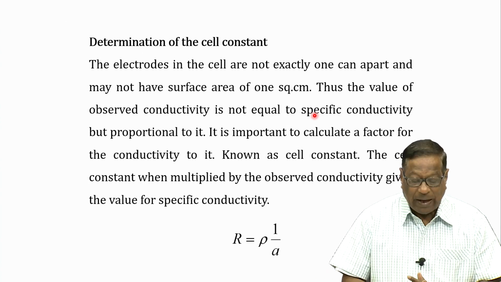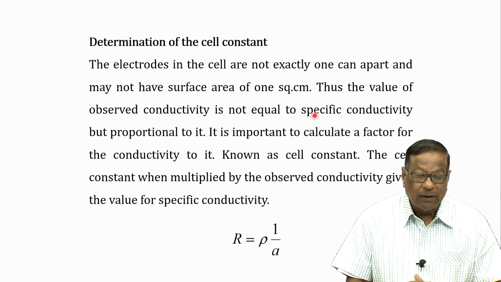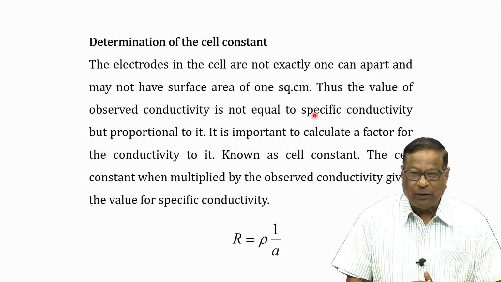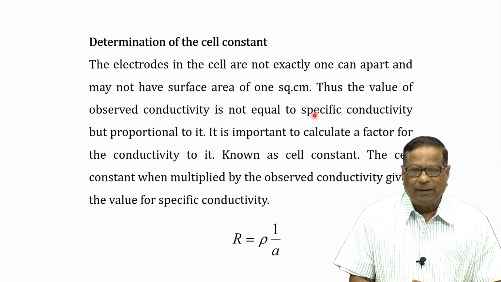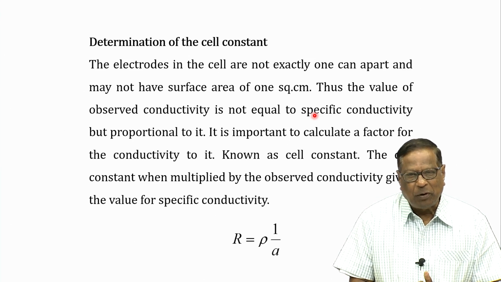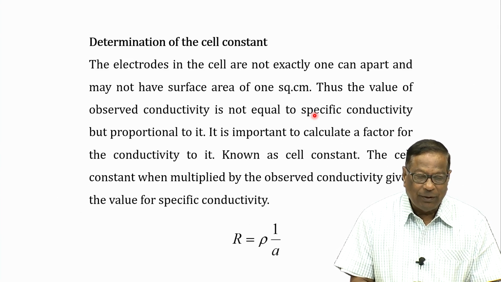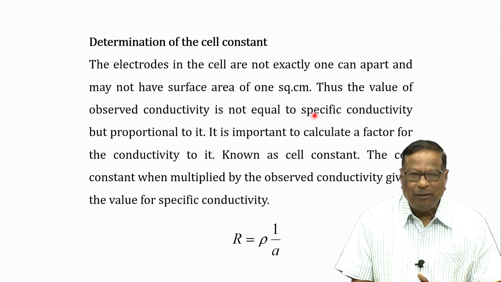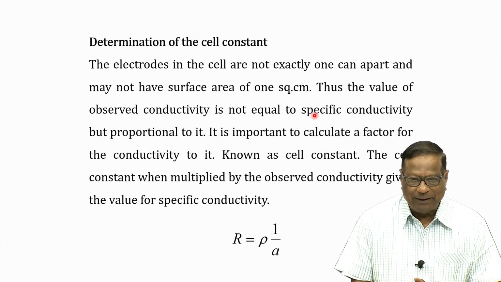To do that, quite often you have to determine the cell constant, because the area of the cell cannot be measured very exactly. The problem is, up to what accuracy can you measure, millimeter or micrometer, etc. So, it is better to determine the cell constant experimentally.